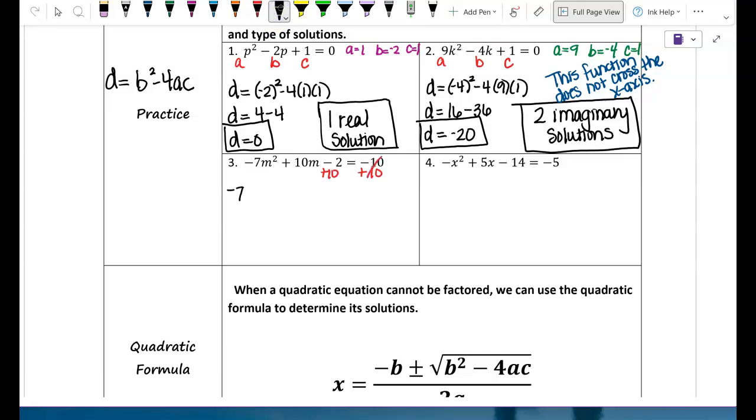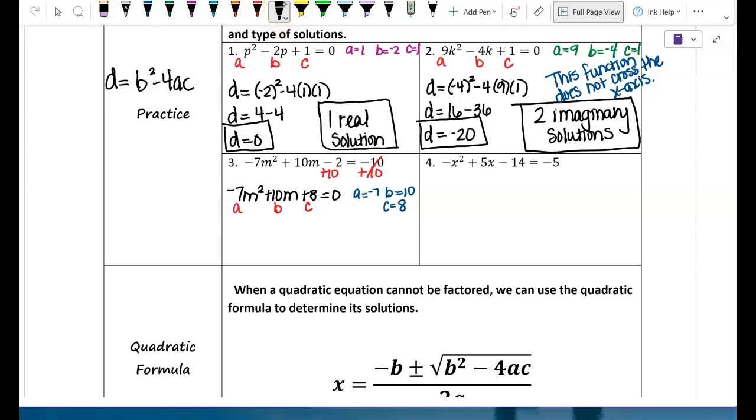So I have negative 7m squared plus 10m plus 8 equals 0. Now I can identify my A, my B, and my C. So in this case, A equals negative 7, B equals 10, C equals 8.